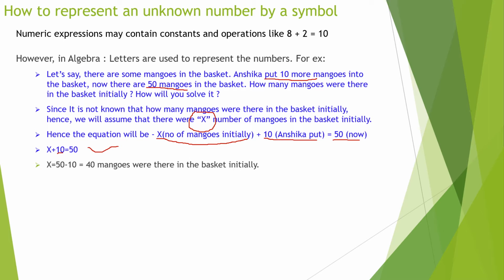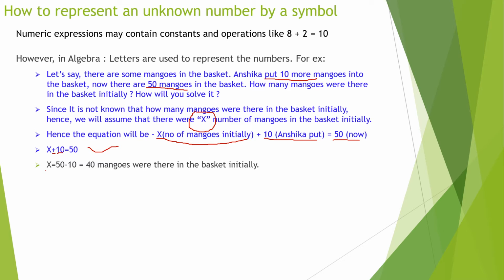Once we bring this 10 into the right hand side, the sign of the 10 will change. Right now the sign of 10 is plus, so when we bring it to the right hand side, the sign of this constant value changes from plus to minus.